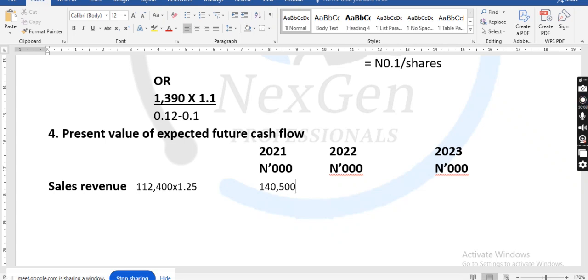175,625. Please increase this by 1.25. 219,531.